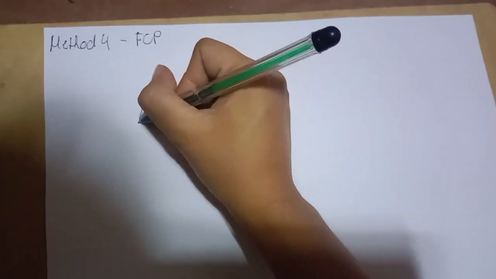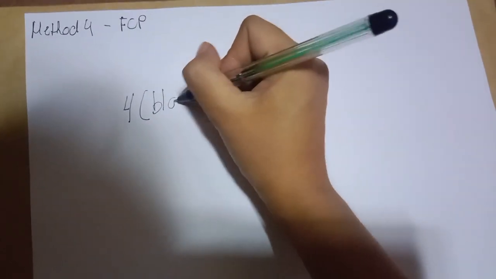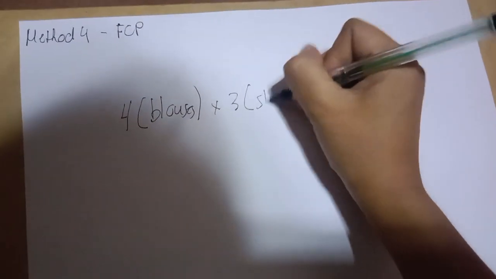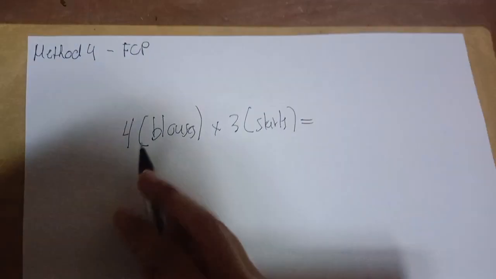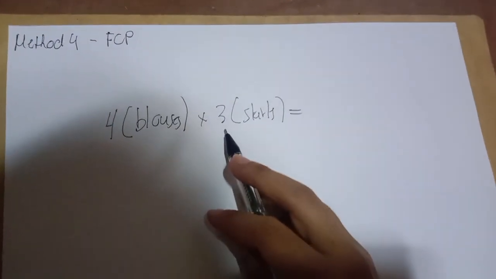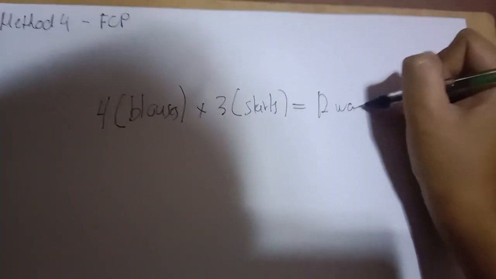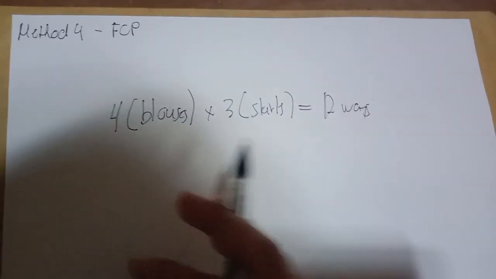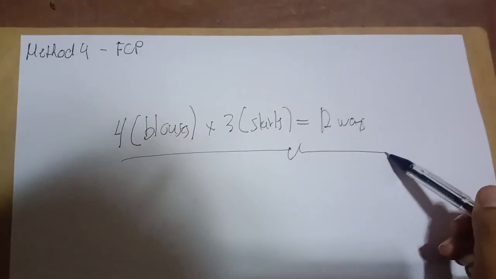So using that, 4 blouses times the 3 skirts. We just multiply it. 4 times 3 equals 12. So 12 ways or 12 possible outfits. So this is the fourth method, which is the fundamental counting principle.